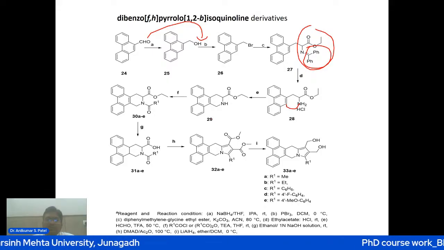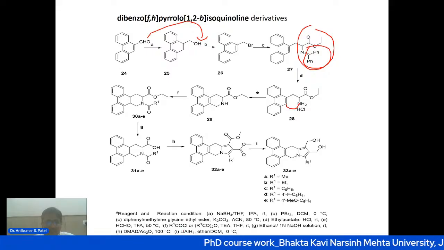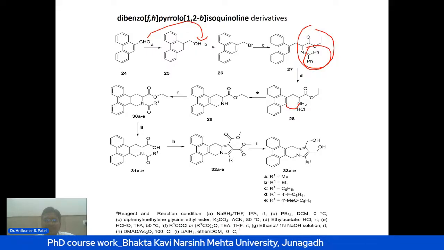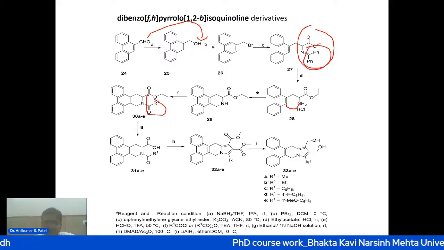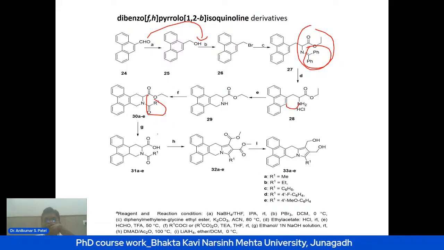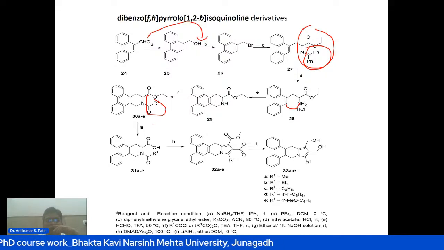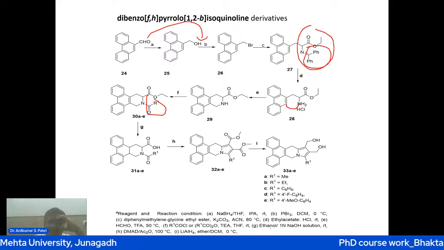This compound 29 is further treated with acetyl chloride or acetic anhydride in the presence of triethylamine to produce the N-acetyl derivatives. Now this N-acetyl derivative could possibly be converted directly to the diester, but here we converted the ester to the acid by hydrolysis in the presence of ethanol and one normal NaOH.